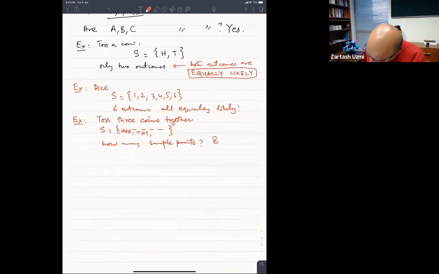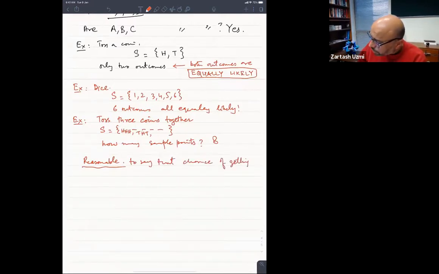So it's reasonable to say, लेकिन obviously मैथ ऐसे नहीं चलता. हम खाली reasonable से काम नहीं चलाएंगे, आगे इसकी explanation भी आएगी. Reasonable to say that chance of getting HTH is 1 out of 8.